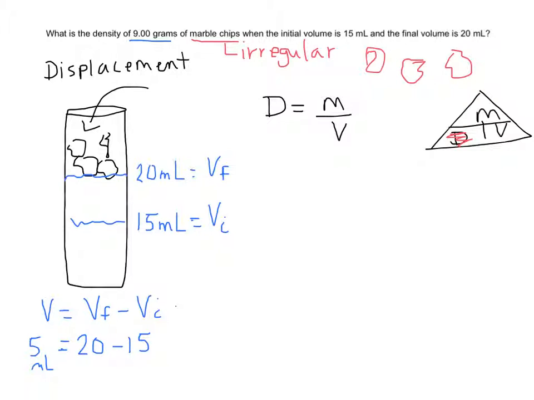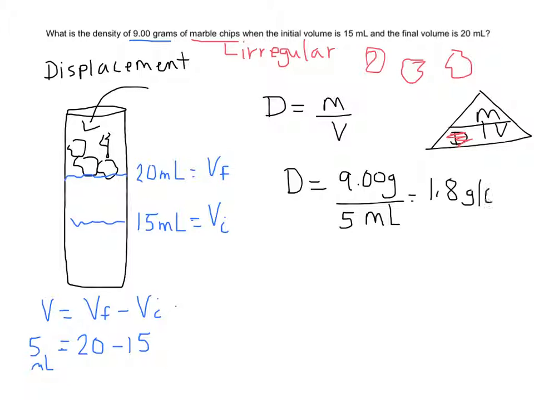So we have the information we need to solve for density. We're going to say density is equal to our mass, which is 9.00 grams, divided by our volume, which is 5 milliliters. And if I divide correctly, I get a density of 1.8 grams per centimeter cubed.